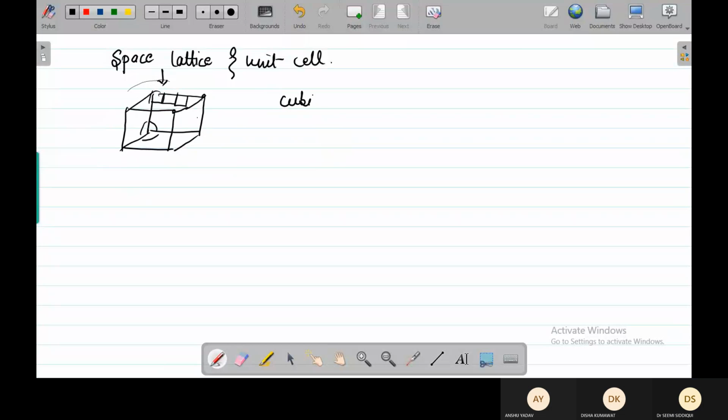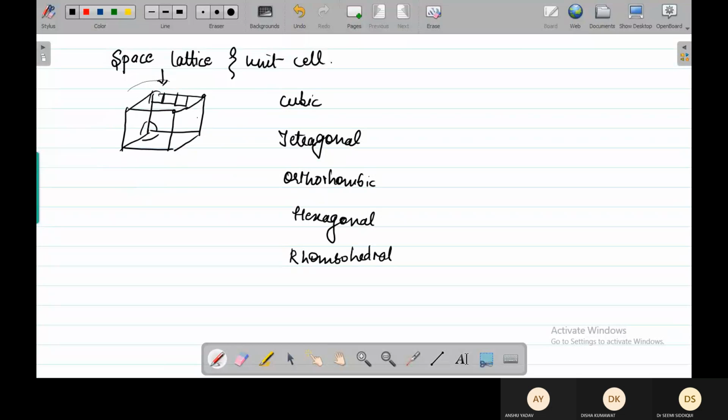That is your cubic, tetragonal, orthorhombic, or you can say rhombic, hexagonal, rhombohedral, monoclinic, or triclinic.